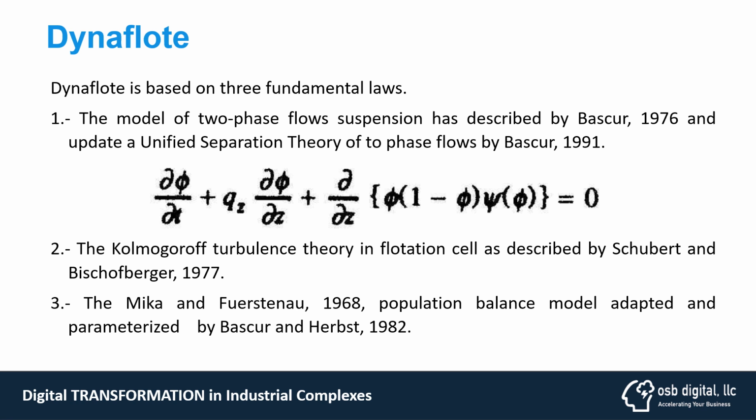We characterize the attachment and the detachment that is happening in most of the subprocesses in a flotation cell, and we're going to use the separation modeling that Mika and Furstenau conceptually presented in 1968 at one of the International Mineral Processing Congresses, which we adapted, and I parameterized with Kennecott data in my thesis in 1982, and this was also presented at the International Mineral Processing Congress in Toronto, Canada.